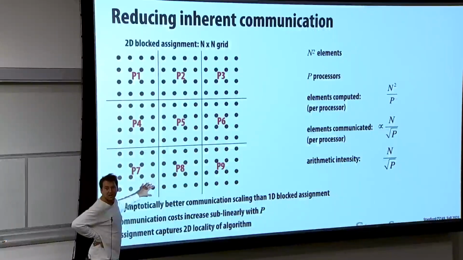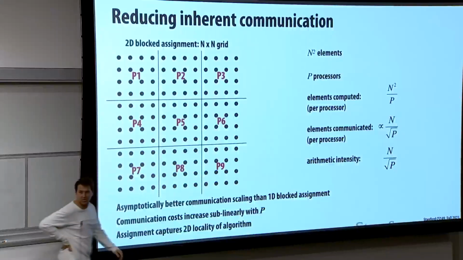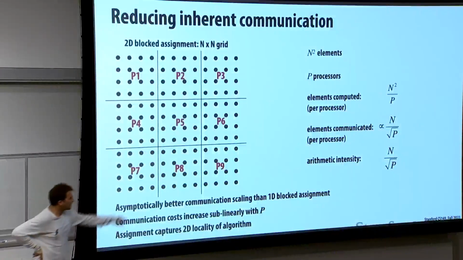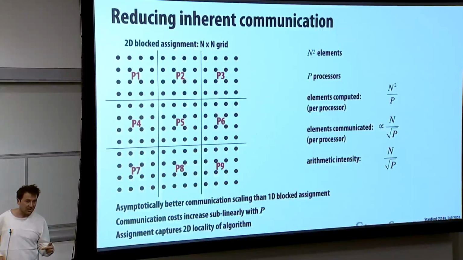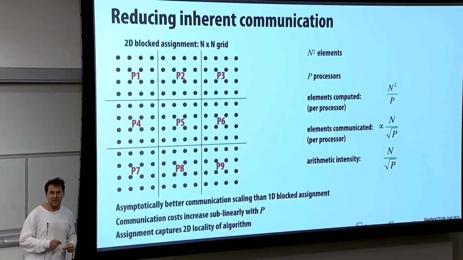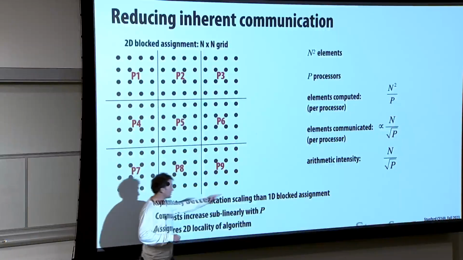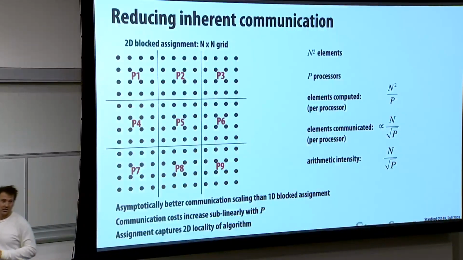I have p processors total, so there are square root p processors along one row. Okay, and so now my arithmetic intensity, before, remember, it was n over p. Now it is n over root p, which is a larger value and potentially very important if my p is large on a large core count machine.